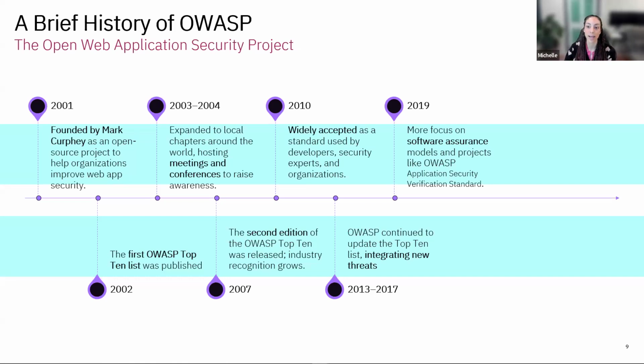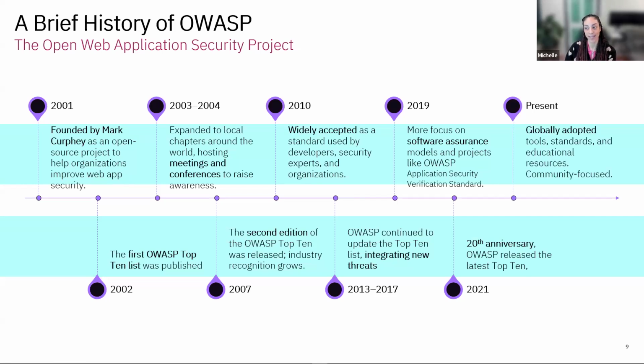There's some other ones that are coming out alongside the web app focused models. And then the 20th anniversary was in 2021. That's when they released the most current version of the OWASP Top 10. And finally, present day, it's globally accepted, with adopted tools, standards, educational resources. It's community focused. Like I mentioned, there are meetups all the time, conferences. It's a great organization. And the list is pretty comprehensive, I would say. It encompasses some of the most frequently seen things.